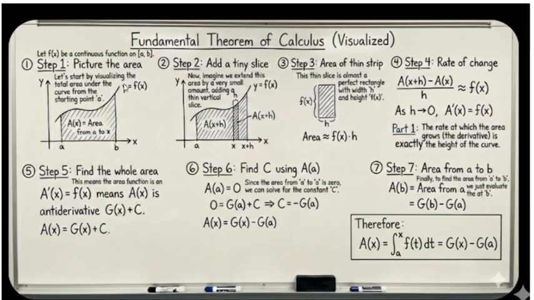Well and good. What we initially considered is a function f of x which is continuous in a closed interval, and we considered the area function. This is the initial setup. Now imagine we are going to take a very small quantity of area. The area from a to x is represented by A of x.